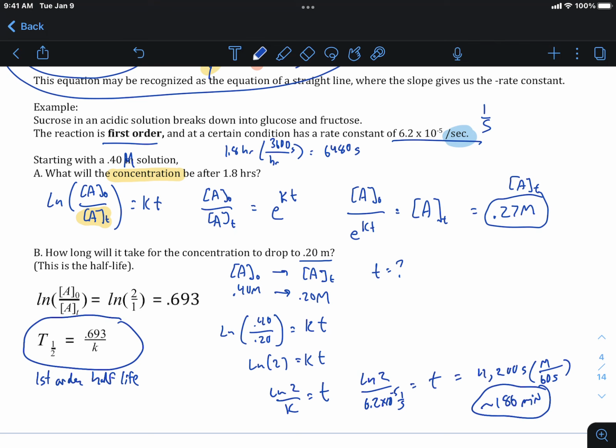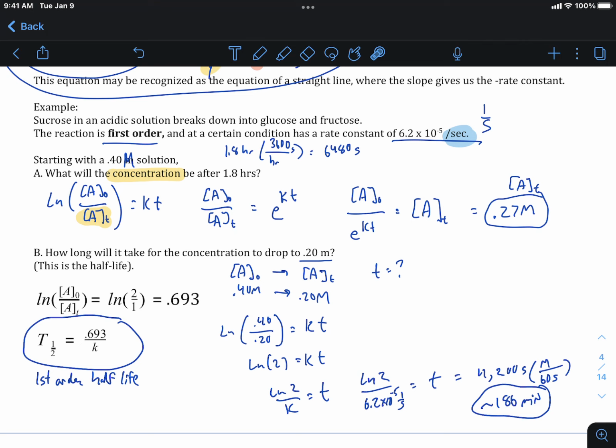Okay, first order integrated rate law, a relationship between concentration and time. Right, the math end is not so scary. Be able to rearrange the equation and solve for whatever variable is necessary for whatever the problem is asking. Okay, and again, I stress that this is first order.